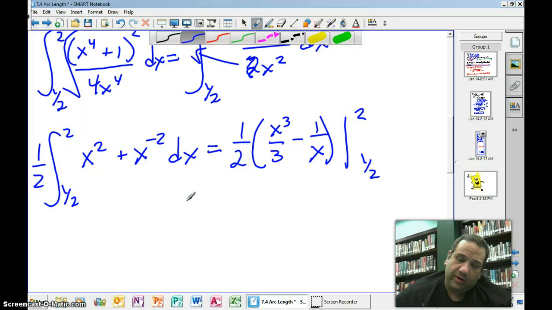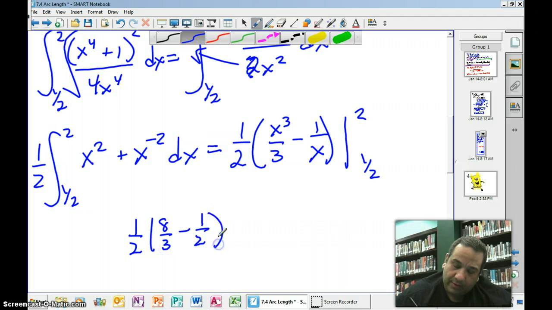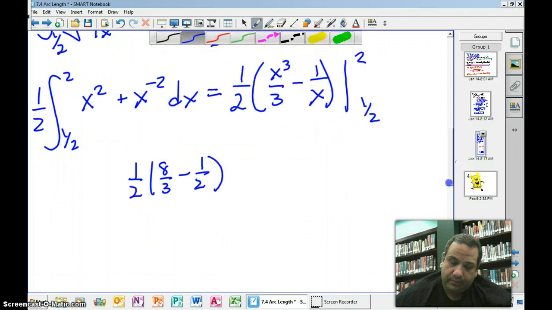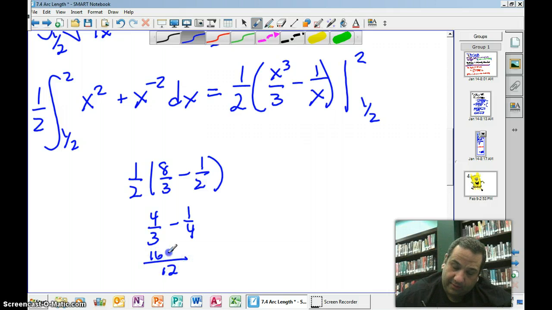So at 2, we're going to have 1/2 times 8/3 minus 1/2. So that's going to be 4/3 minus 1/4. Common denominator 12: this would be 16 minus 3, so we're looking at 13/12 on that one. And we're going to subtract from that when I plug in 1/2.